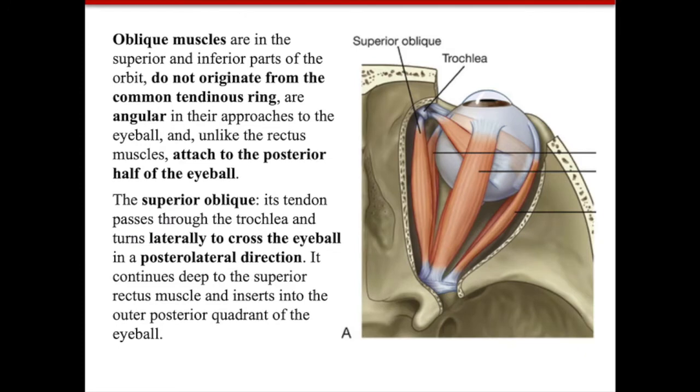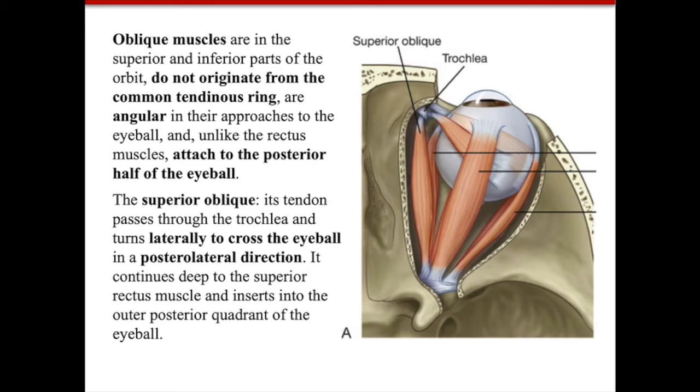Okay, then the oblique muscles are two muscles that attach to the eyeball at a certain angle. So you have a superior oblique and an inferior oblique. You see here the superior oblique passes through the trochlea. This is important because when you learn the nervous system, you will see that the trochlear nerve innervates the superior oblique.